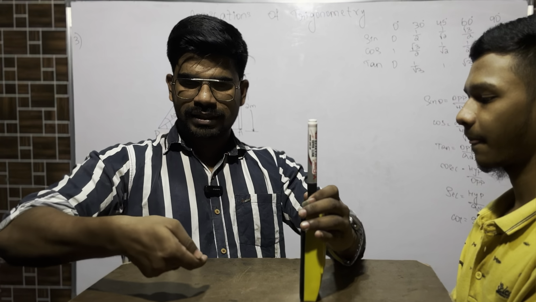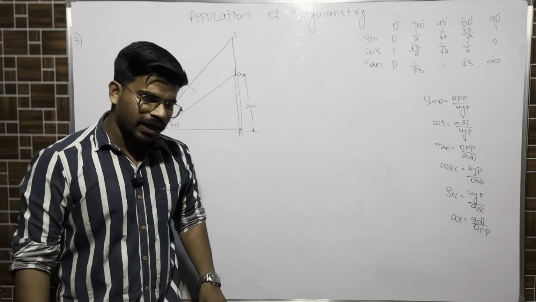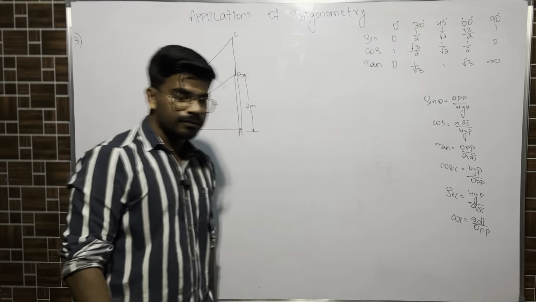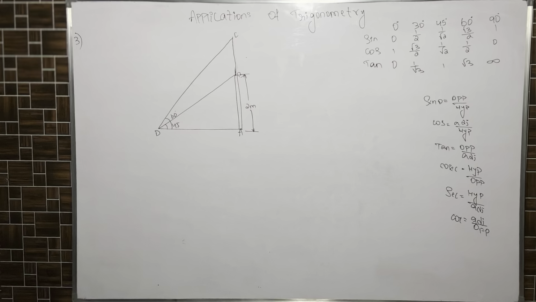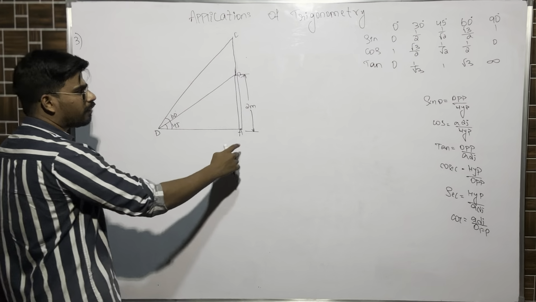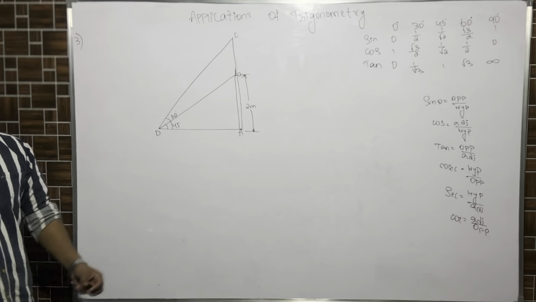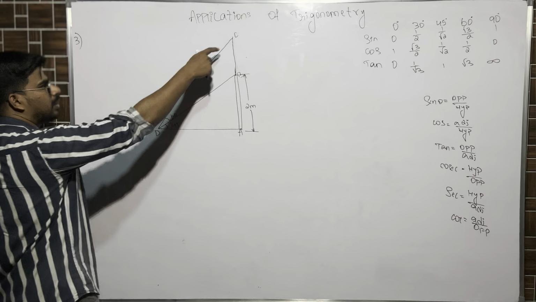One of the angles here is 45, the other angle is 60. Clear? So we have to find the height of the statue. This part from B to C is the height of the statue. From A to B is the height of the pedestal, which is already given as 2 meters. We have to calculate this one, BC.